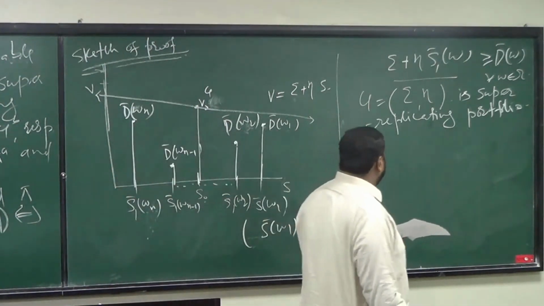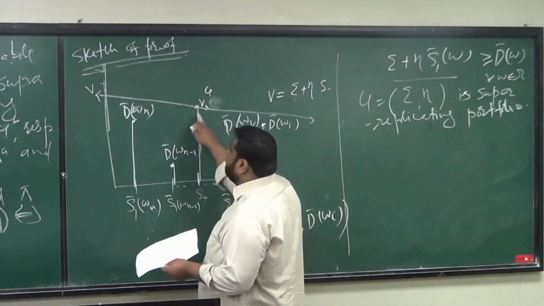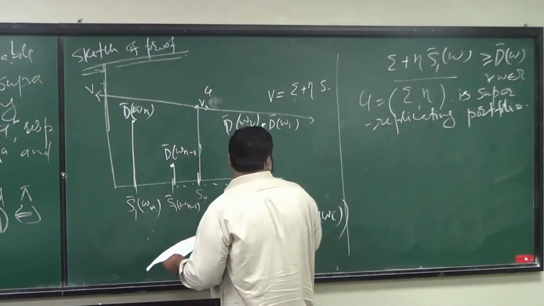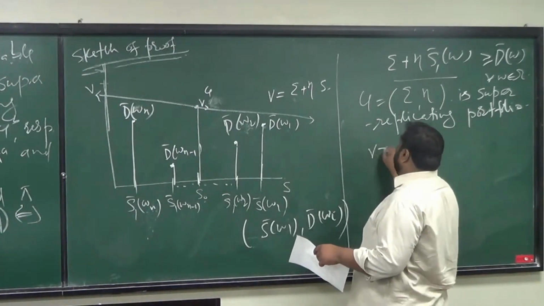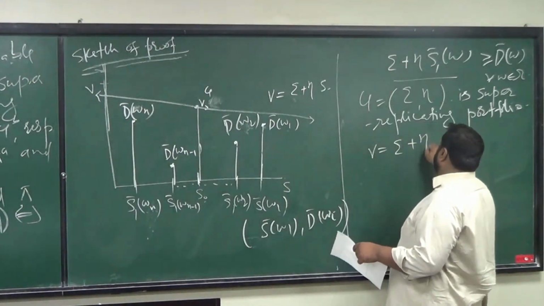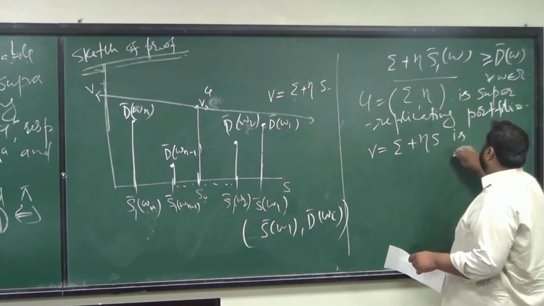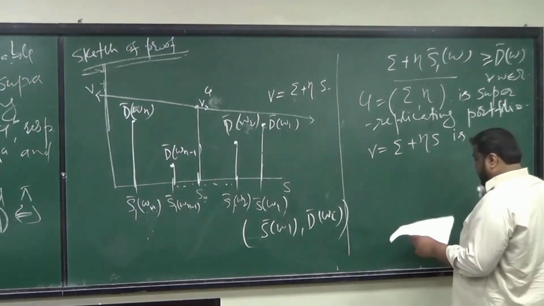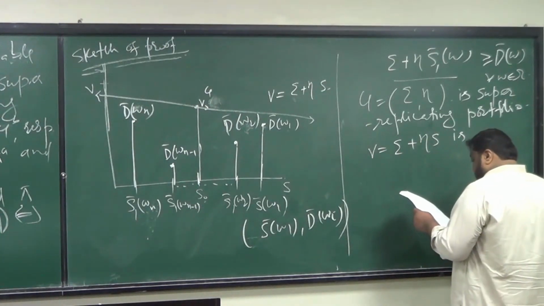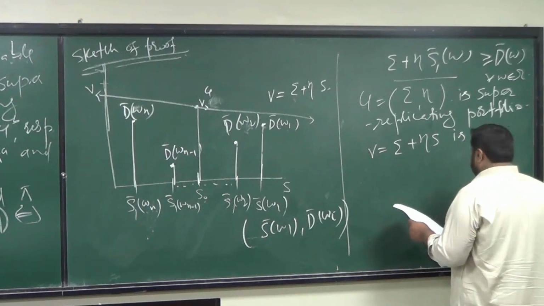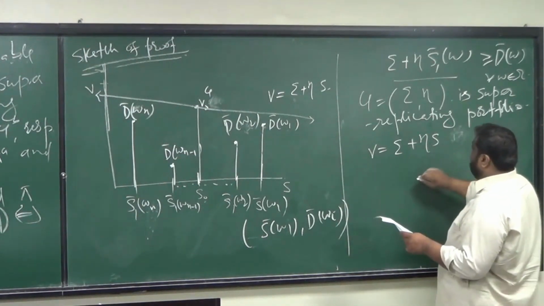Now, as I said, this line is going to intersect with this line V equal to omega plus eta. The point where the line intercepts the point.